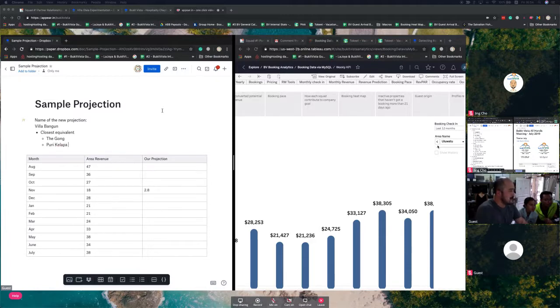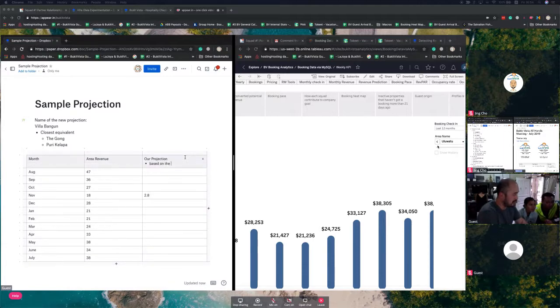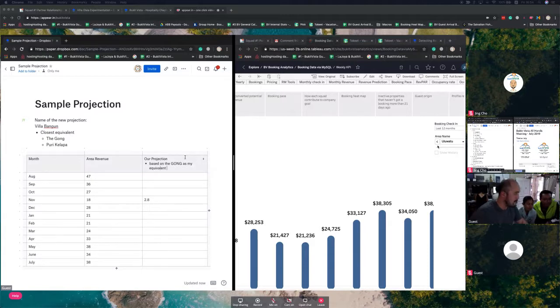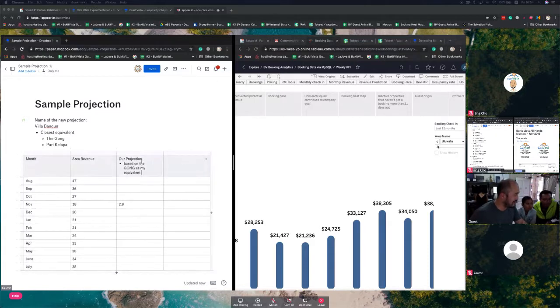Okay, another projection. And I'm going to say it's based on the gong as my equivalent. And then I'm going to make another projection here. And I'm going to say it's Purikalapa as my equivalent, okay? Okay, so if I use Purikalapa as my equivalent, then it's 3.7 if I use the gong.